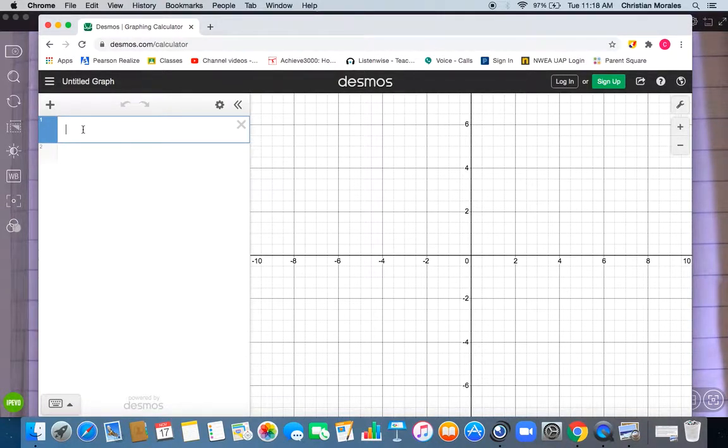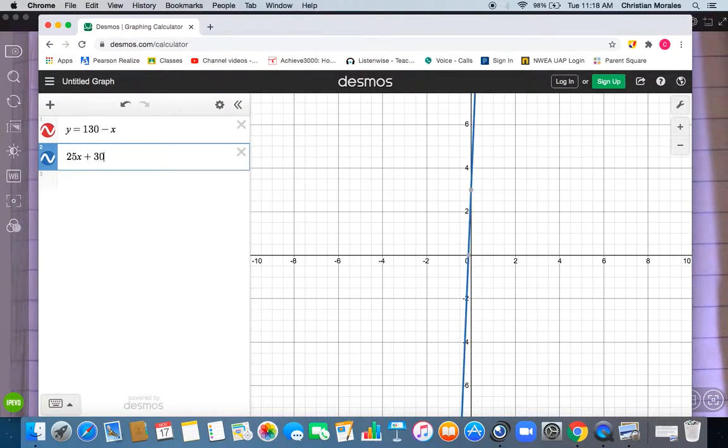So remember what my equations were? I had one equation was y equals 130 minus x, okay? And then my other equation was the 25x plus 30y equals 3,650.